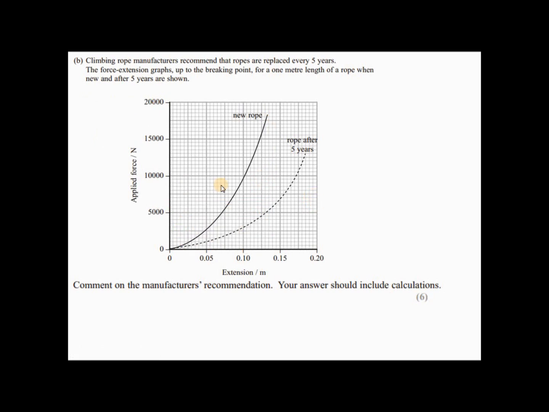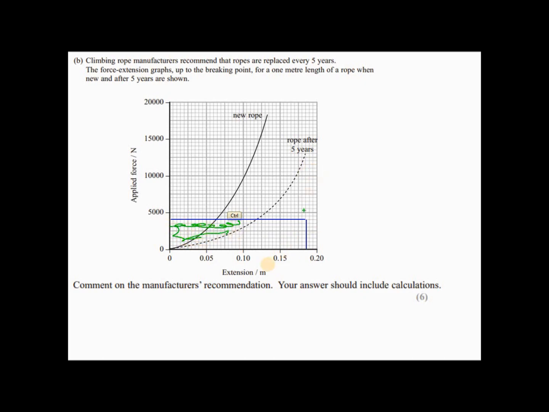Now I'm going to find the area under the graph of the old rope. Again, I will use the same technique, the horizontal line that divides the graph into two parts, one above and one below. So if you draw a horizontal line for the lower graph till here and then complete the rectangle, you can see I am including this area which I don't need.